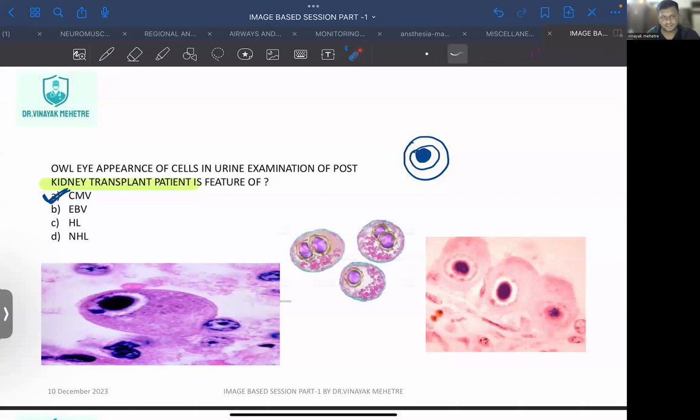Inside the nucleus with big dot, what you will see, small dots.